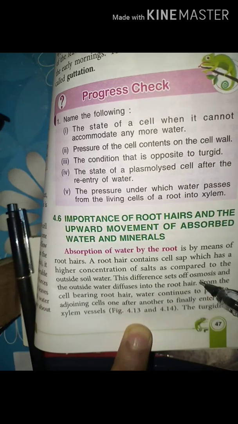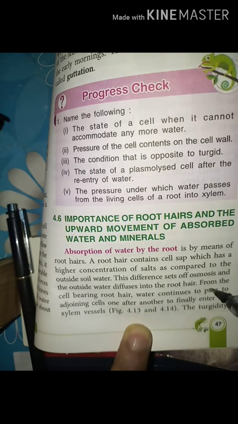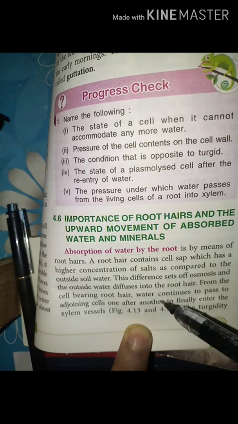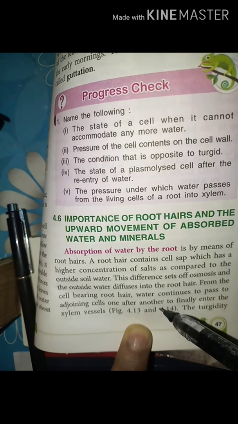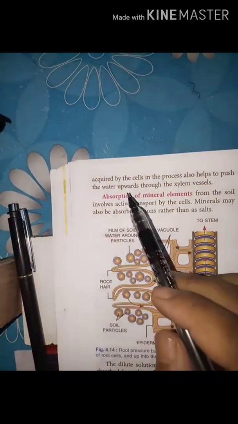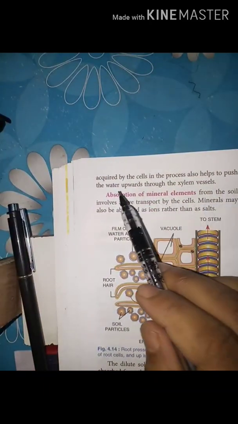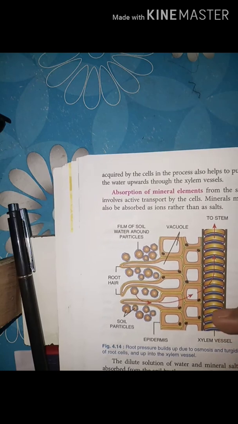This difference sets up osmosis and the outside water diffuses into the root hair. From the cell bearing the root hair, water continues to pass to the adjoining cells one after another to finally enter the xylem vessel. The turgidity acquired by the cells in the process also helps to push the water upward through the xylem vessel.